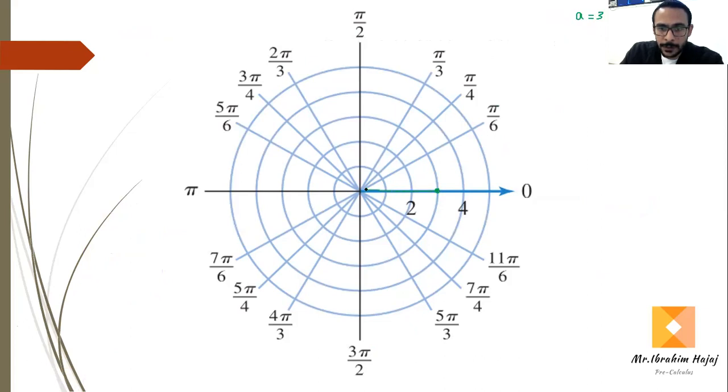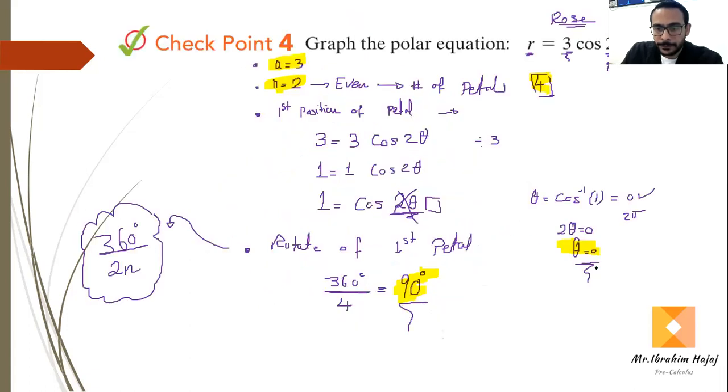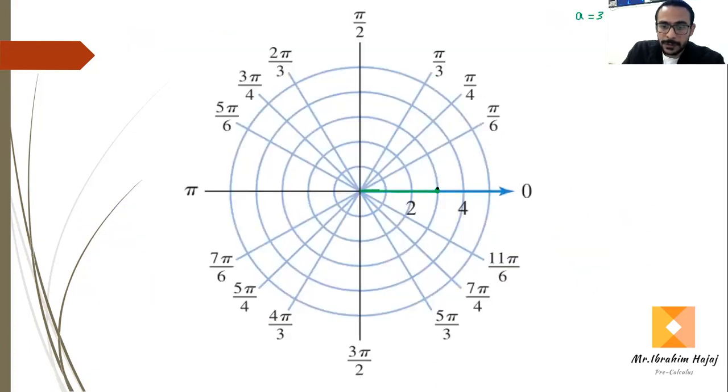Draw a line. We start our first petal at 0 degrees, like this. Then rotate 90 degrees counterclockwise. So it's going to be here, on the third circle, 3 up. You have to go 1, 2, 3, exactly.